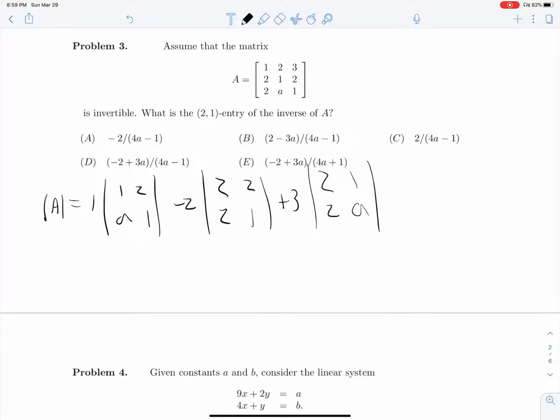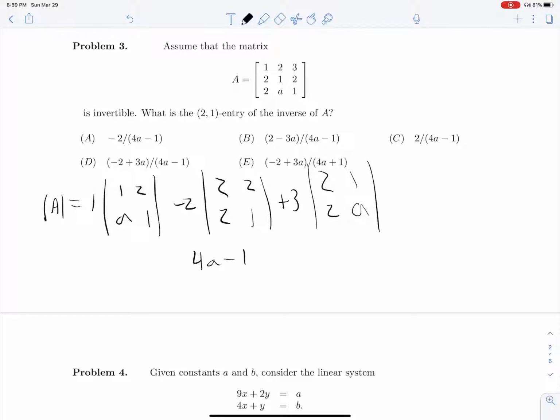And solving this, we will get 1 minus 2A minus 4 plus 8 plus 6A minus 6. And simplifying, we have plus 4 here, minus 6 is -2, plus 1 is -1, and then 6A minus 2A is 4A.